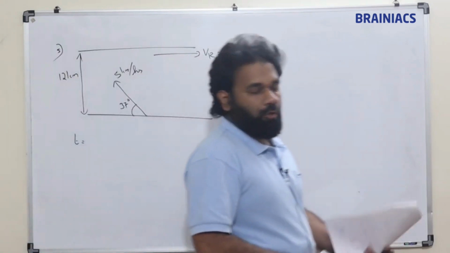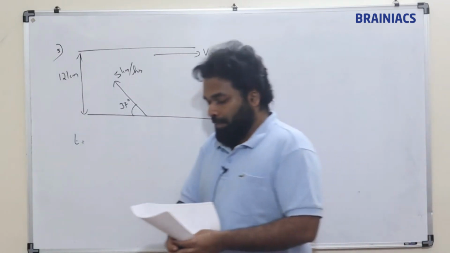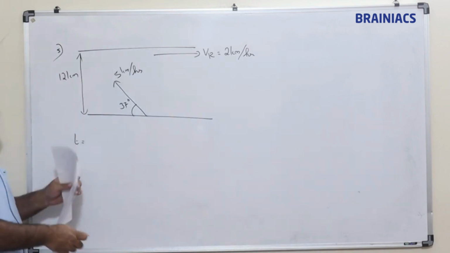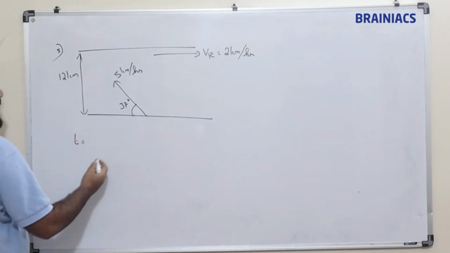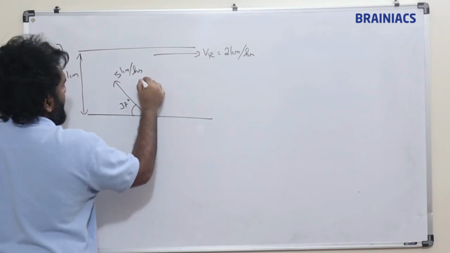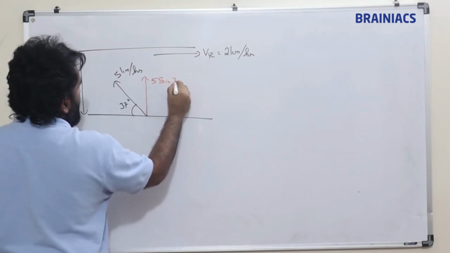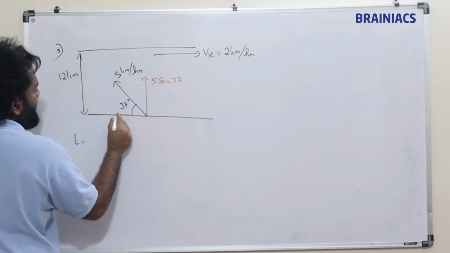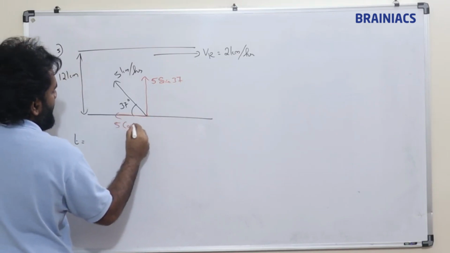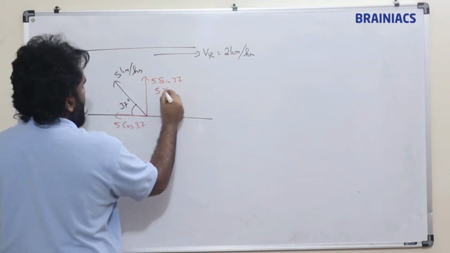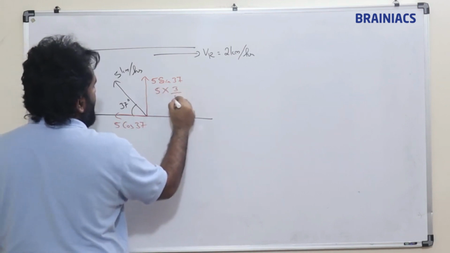Find the time to cross the river first, then we will see the drift, then each value we shall find out. So what about time? Time, we will resolve this into 5 sin 37, and this is 5 cos 37. So 5 sin 37 is 5 into what? 3 by 5.